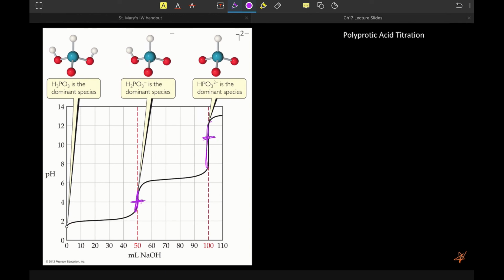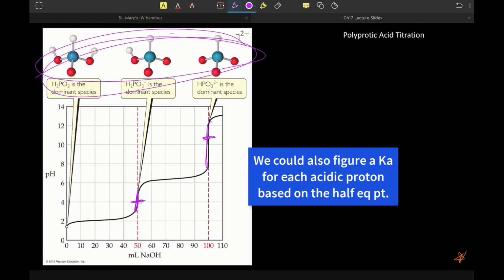And then if we have another rise, that would be another equivalence point, which means that we've deprotonated this thing 2 times, right? And that's all we would be able to know. If it didn't tell us all this stuff up here, all we would know is that it was something that got deprotonated once and got deprotonated again, right? And so it had at least 2 acidic protons, right? That's all we could decipher without some extra information, all right? But it's the same principle we talked about before.